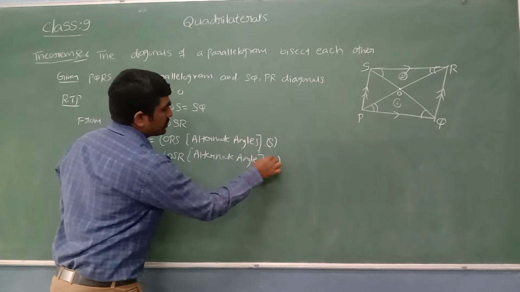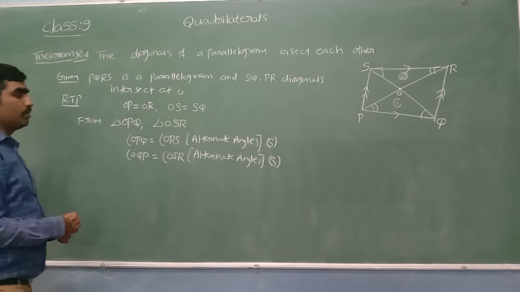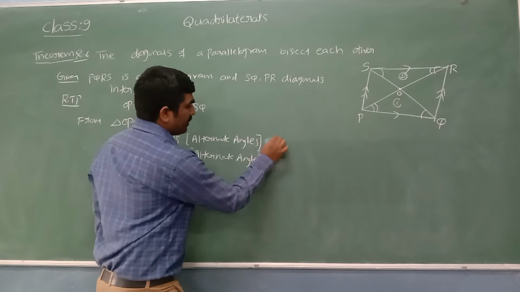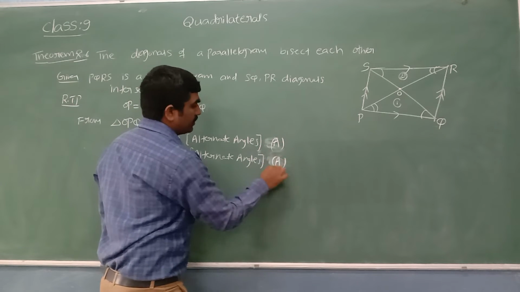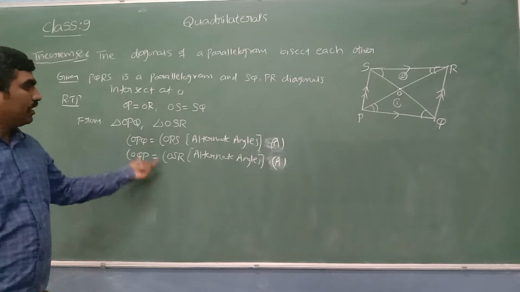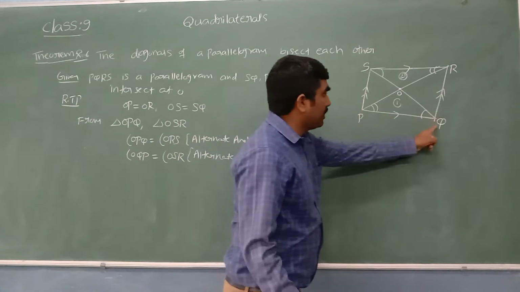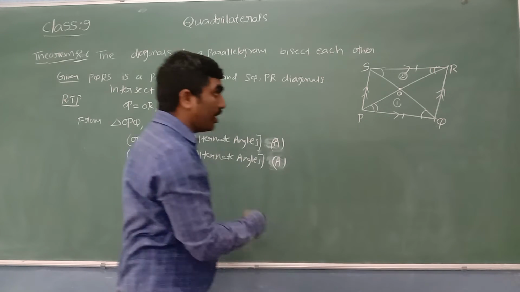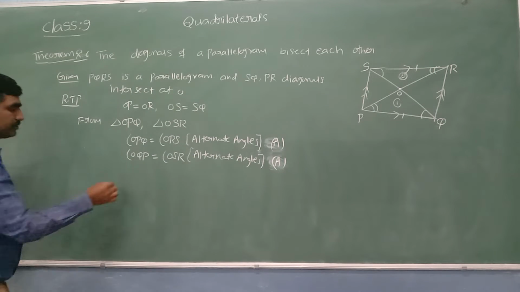We can see one more pair of angles is equal. What next? We know that if it is a parallelogram, opposite sides are equal. PQ is equal to SR. We already proved this in theorem 8.2.